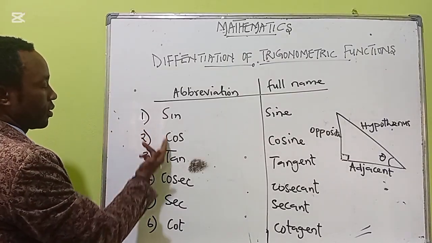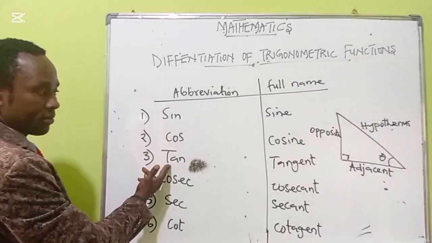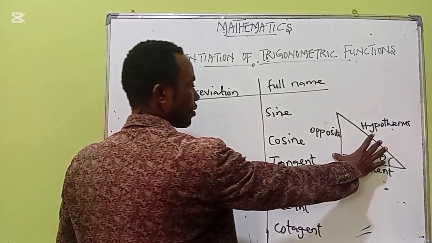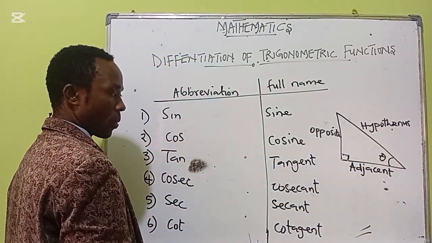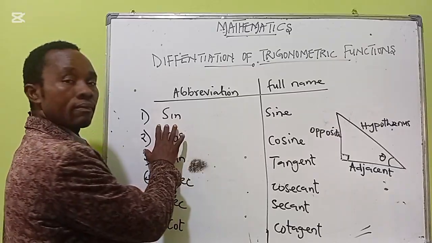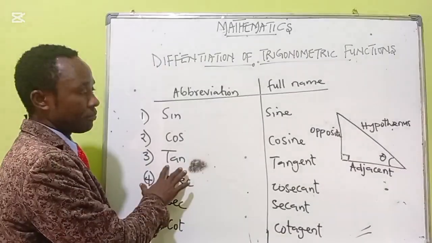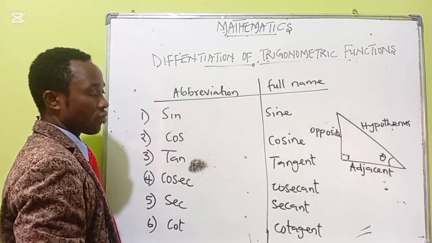Now we can get sine, cos, and tan from this right angle triangle. How do we get sine, cos, and tan from the triangle?